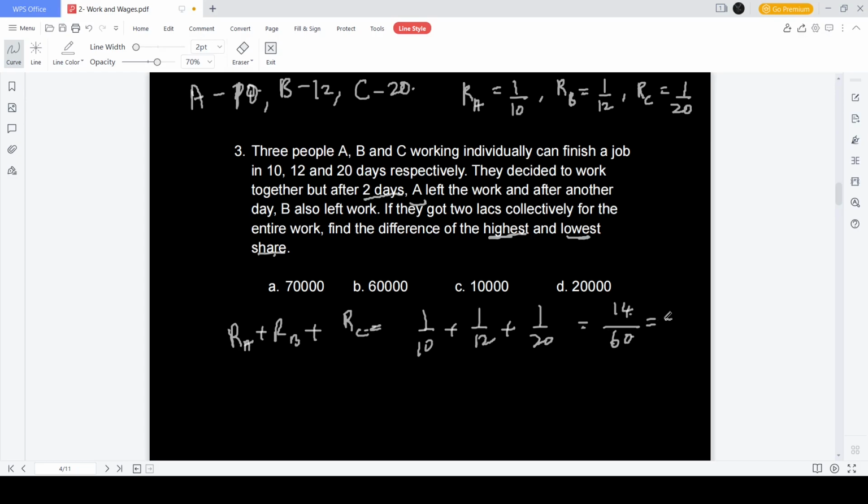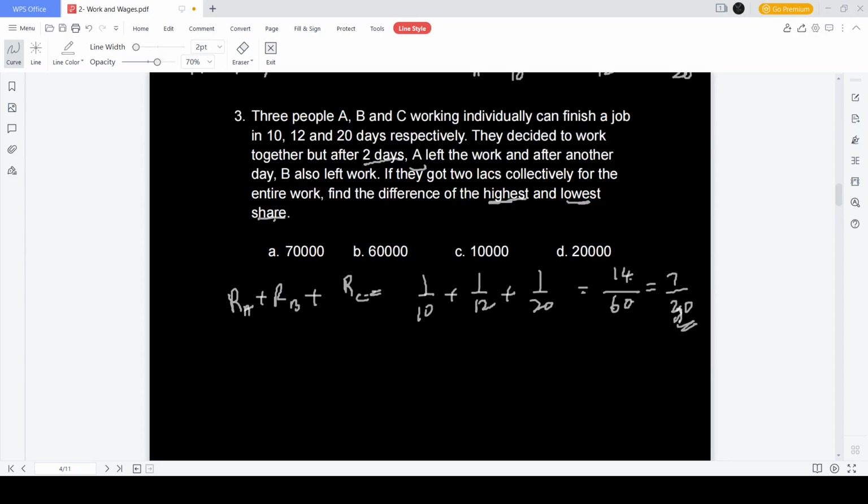So 14 by 60 is 7 by 30. So the rate RA plus RB plus RC is 7 by 30. If they could do 7 by 30th of the work in one day, they did twice of that in 2 days. Simple. So they did 14 by 30th of the work in 2 days, which is nothing but 7 by 15 of the work.